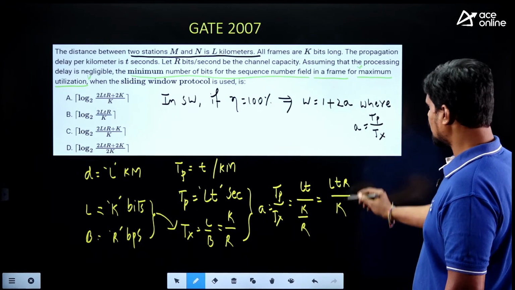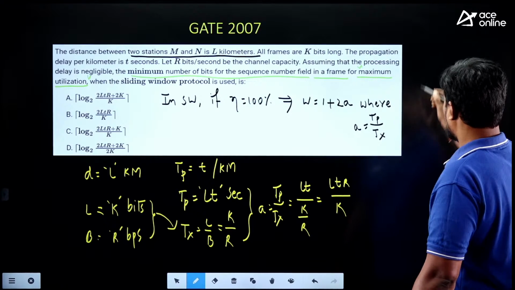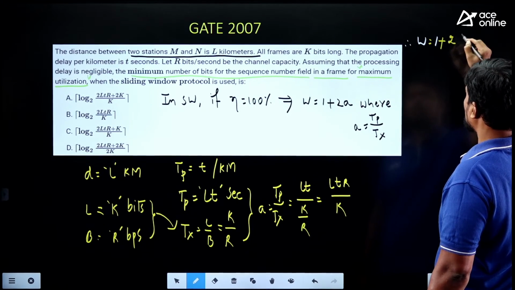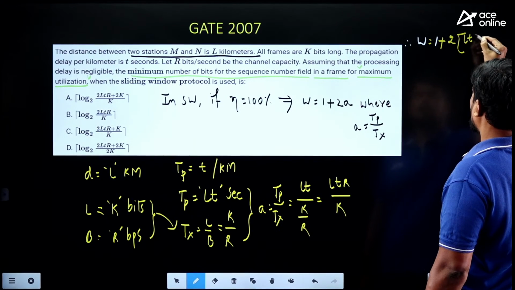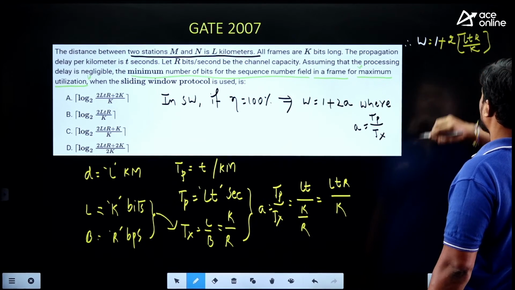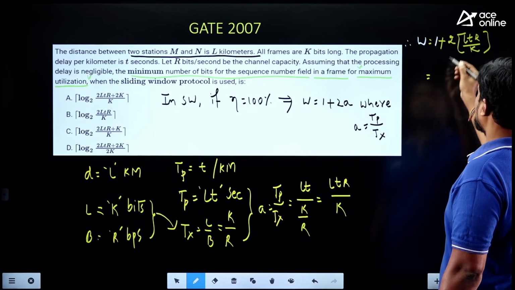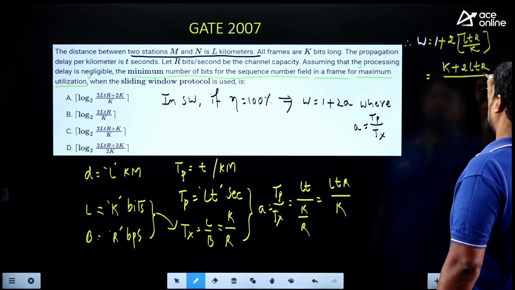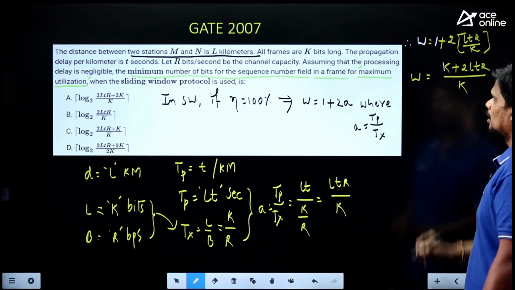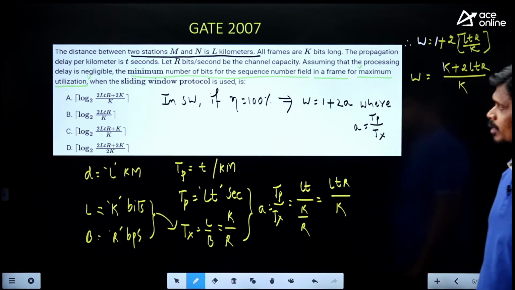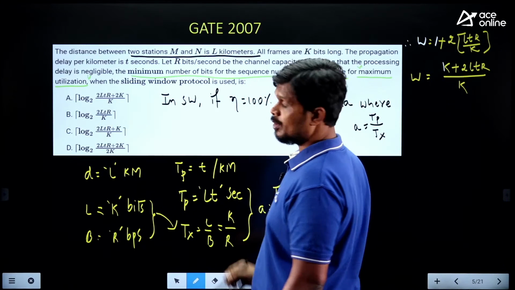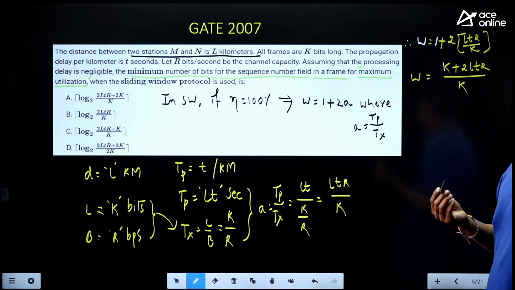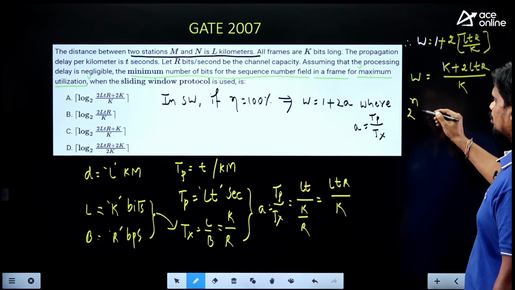Now simply substituting that A value in this expression, W is equal to 1 plus 2 into LTR by K. If you simplify this expression, you are going to get (K plus 2LTR) by K. And you know that in order to find the minimum number of bits in the frame sequence number field, whatever window size we get, you need to express it in terms of powers of 2.